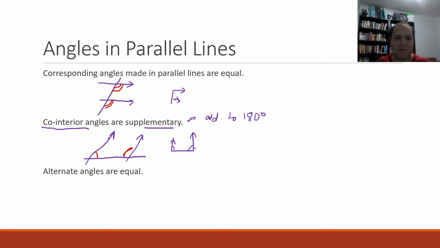Now our final rule we have to know is if we've got our parallel lines here, and once again we've got our transverse that cuts across there, then our alternate angles are equal. So alternate angles, we often call this a Z rule because you can see a bit of a Z shape going on there.